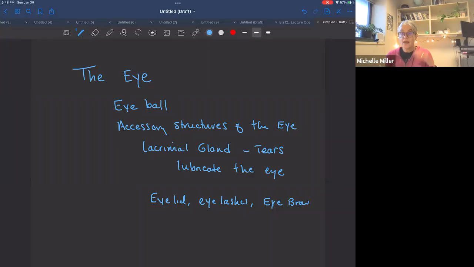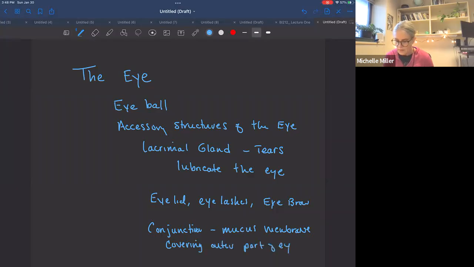We also have this mucous membrane on the outside of the eye that is called the conjunctiva. So this is a mucous membrane covering the outer part of the eye. It does not cover the cornea. So the cornea is the transparent place where light comes in.